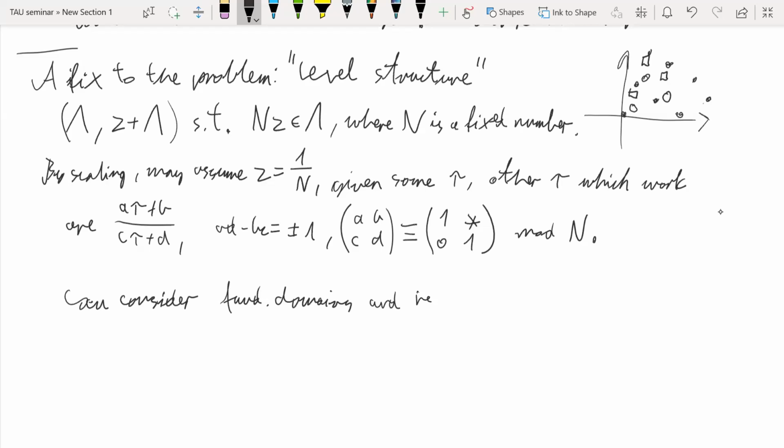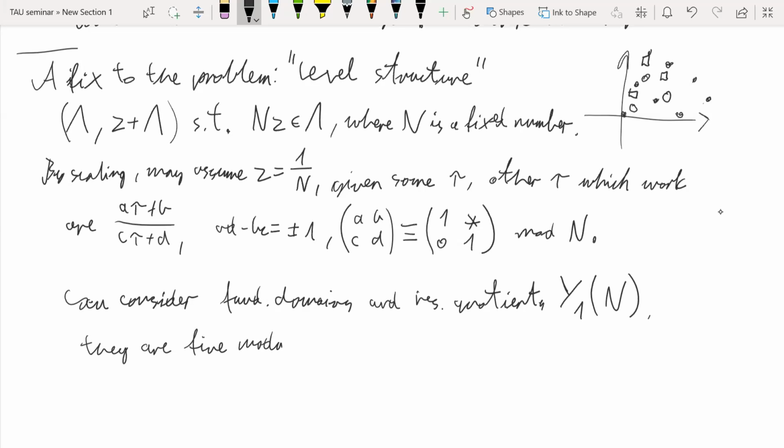And the resulting quotients are denoted in the theory by Y_1(n). Due to lack of time, I won't explain exactly where this 1 comes from. But it turns out that they are fine moduli spaces for n greater or equal to 3.